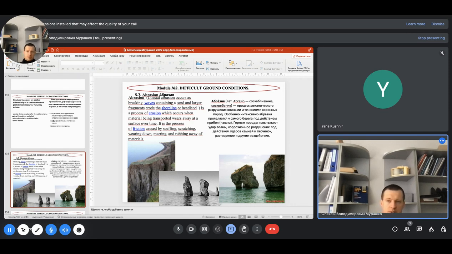And those waters can be connected with various causes.